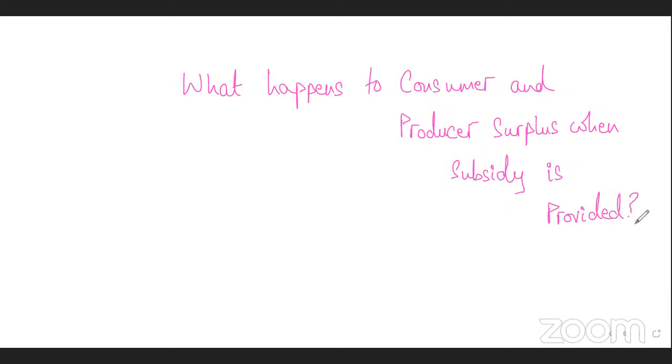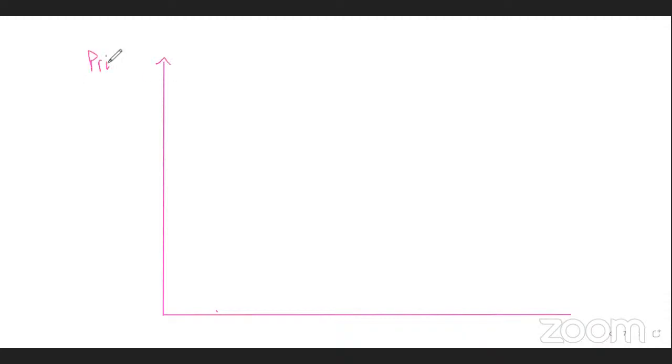Similarly, in today's class, right now, we'll look at what happens to consumer and producer surplus when subsidy is provided, right? Now we'll make a normal subsidy graph, in which we will, first of all, just label the axes, right? So you have price per unit on the y-axis, you have quantity of that product on the x-axis, right?